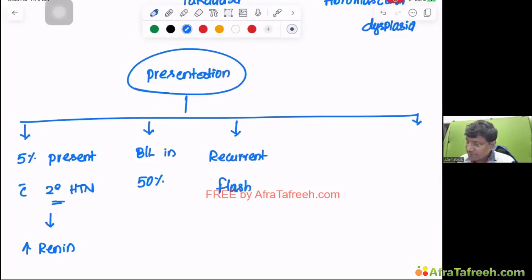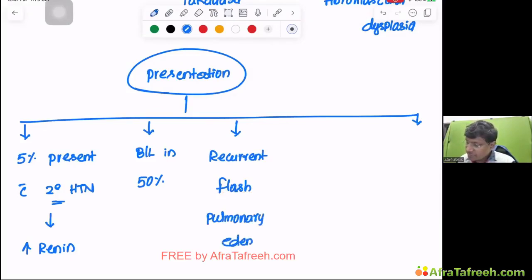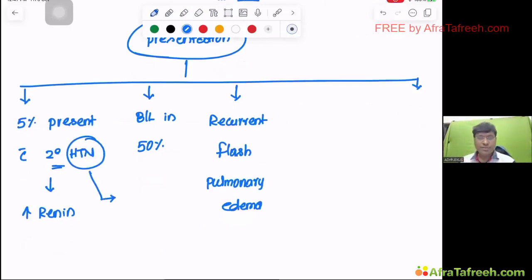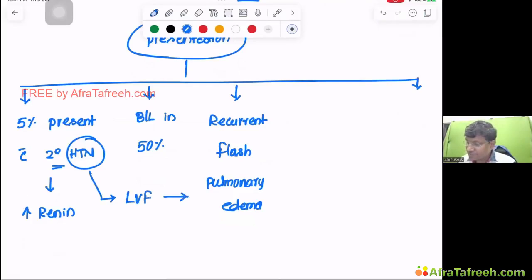Why do you get this pulmonary edema? First of all, the pulmonary edema will be there because of hypertension. So whenever there is hypertension, what will happen to the afterload on the left ventricle? The afterload on the left ventricle increases, and that will cause left ventricular failure. And this left ventricular failure is responsible for the development of pulmonary edema.